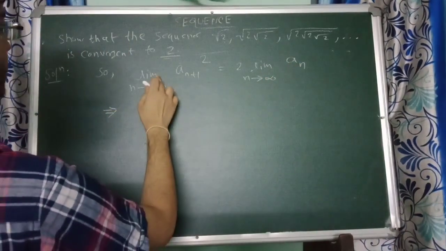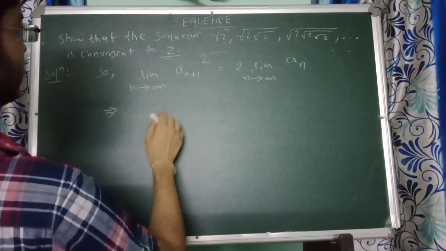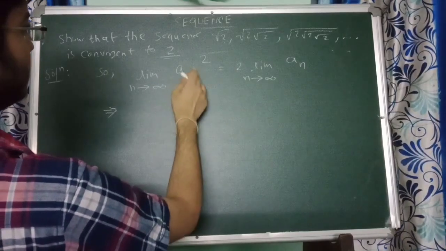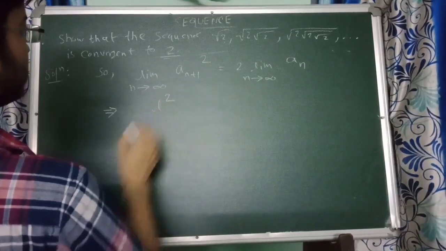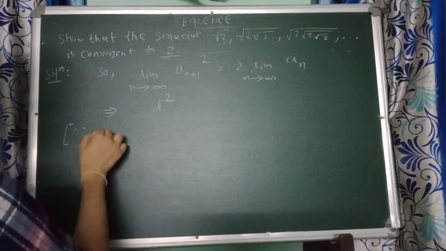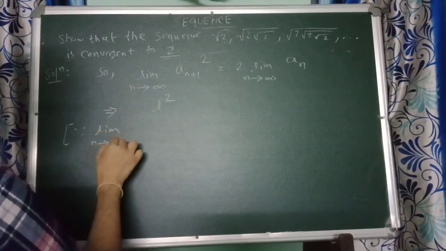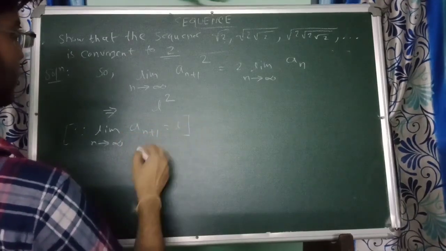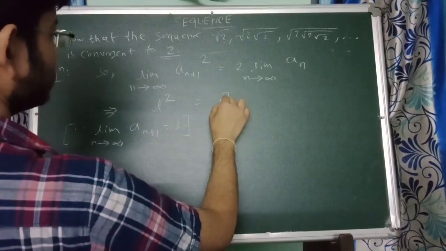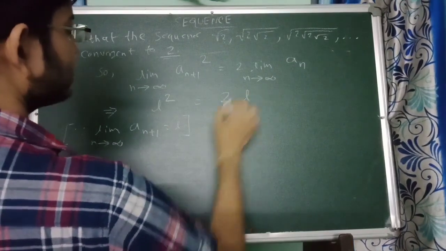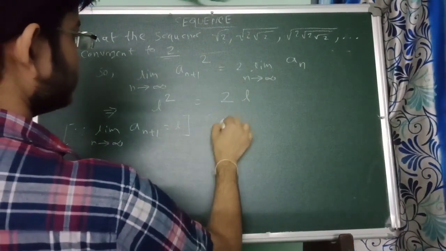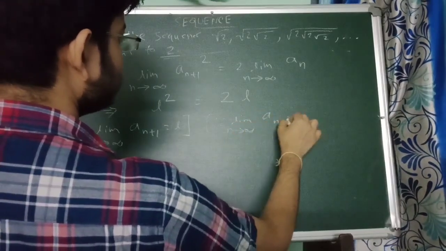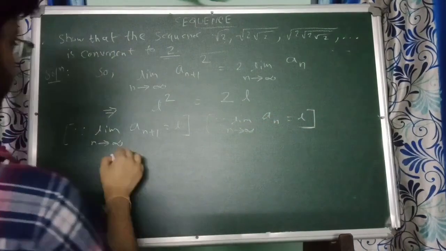Now since limit n tending to infinity a_{n+1} tends to l, limit n tending to infinity a_{n+1} squared tends to l squared, and this part tends to l, since by our assumption limit n tending to infinity a_n equals l.